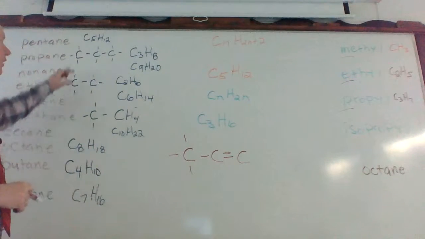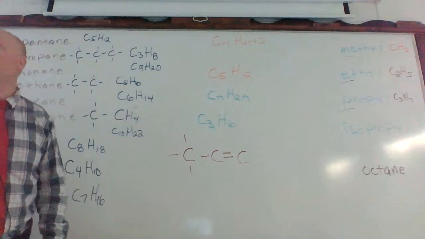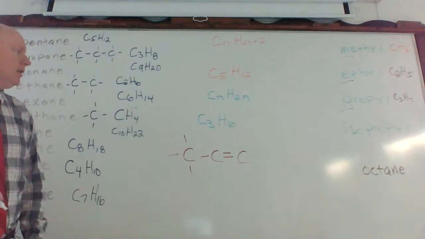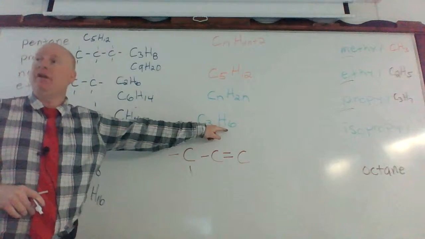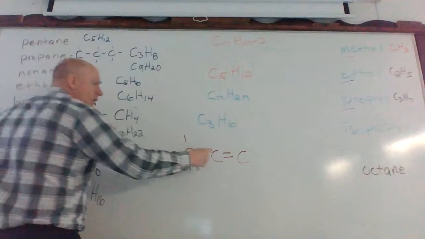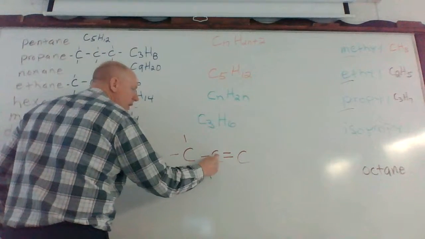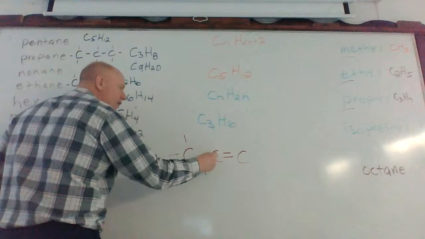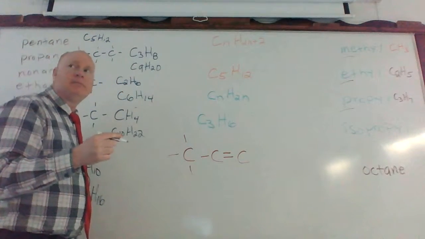If it's all single bonds, these are all alkanes. We'll make that point in just a moment. So we've got 3 down, 3 to go. Now, this carbon has a double bond with this one and one with this carbon. So there's 3. How many hydrogens can it hold? Just 1.